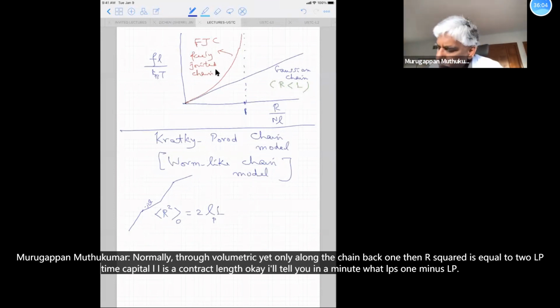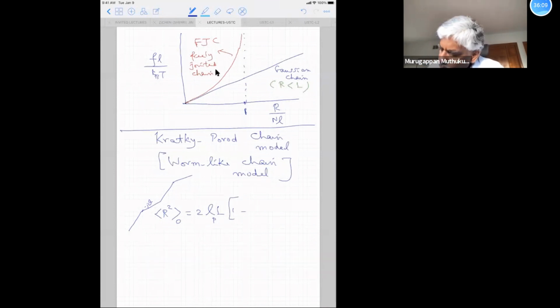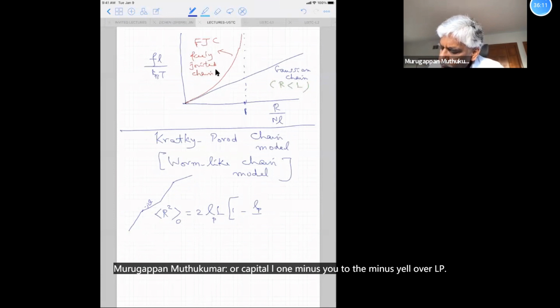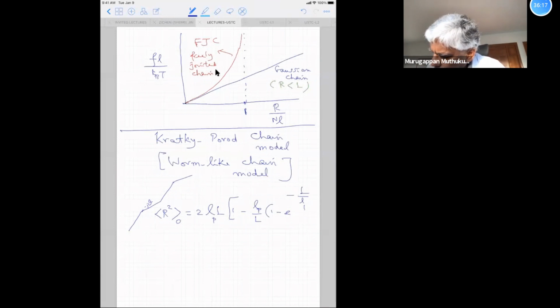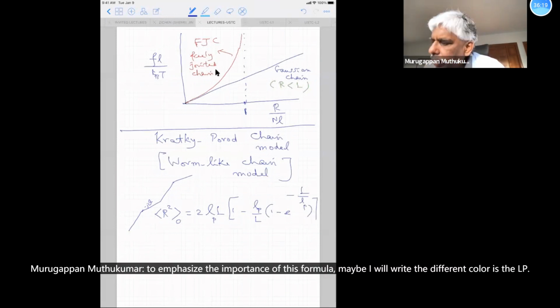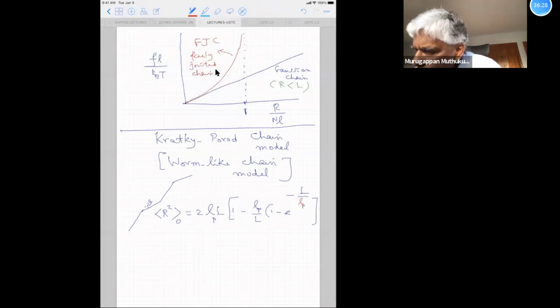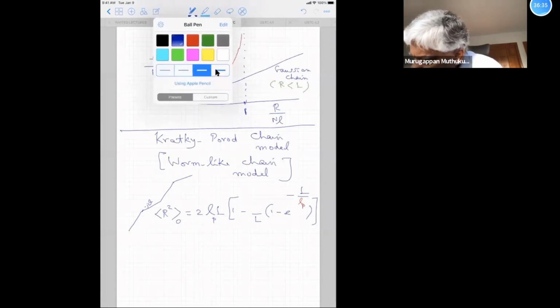I'll tell you in a minute what LP is. To emphasize the importance of this formula, I will write in a different color. This is LP.